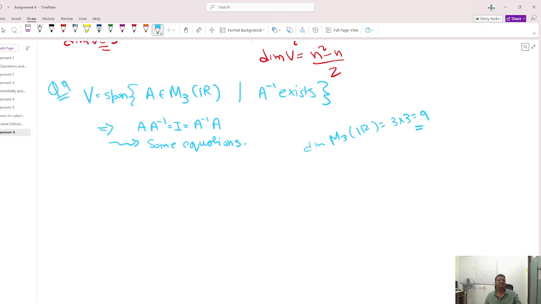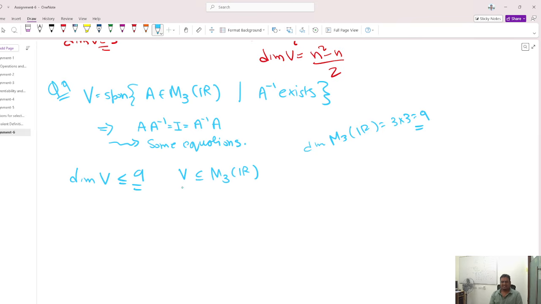Definitely the dimension of this vector space should be less than or equal to 9, right? Because V is contained in this M3R. This you will prove. I am not proving it, but you think like this.